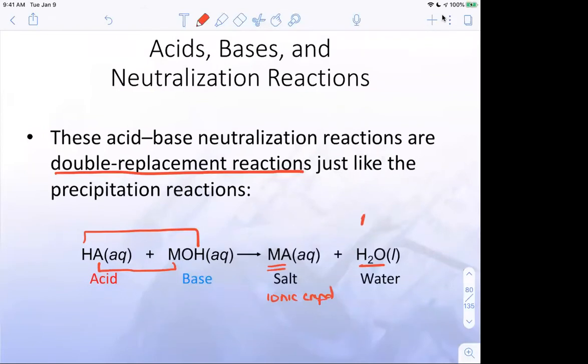So this is H, and then OH forms H2O, which gives me water. And water that's formed is a liquid, so don't forget that's a little bit different. This is generally in solution if it's aqueous, if it's soluble in water.